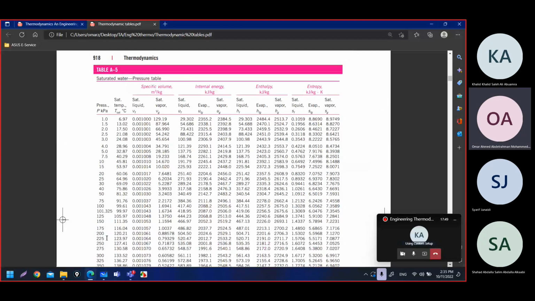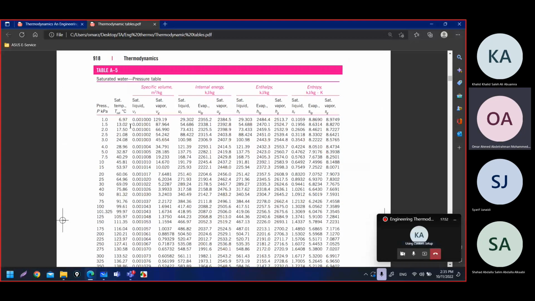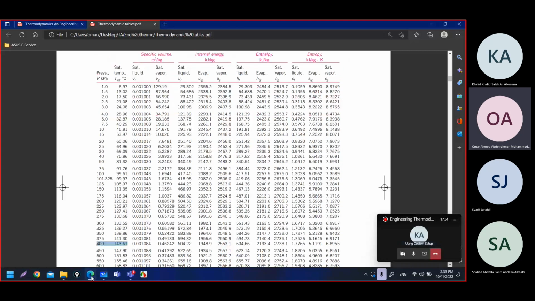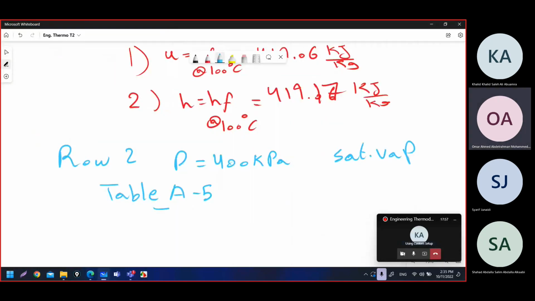Now my temperature is the saturation temperature, so T is equal to Tsat, and it is equal to 143.61 degrees Celsius. And it says saturated vapor.